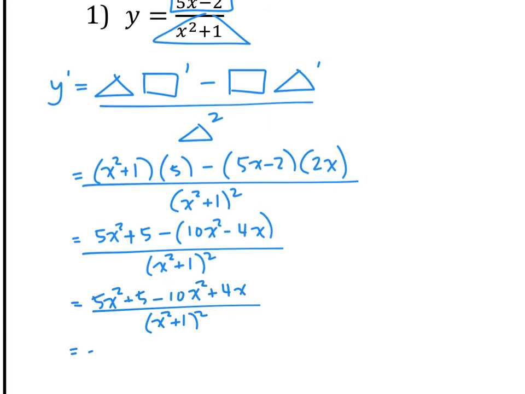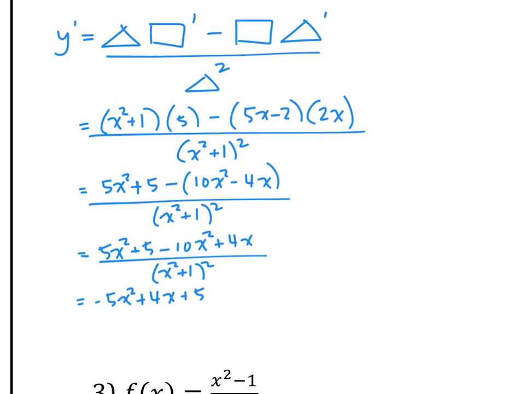Simplify that. Minus 5x squared, sorry, plus 4x plus 5 all over x squared plus 1 squared. It doesn't look like the numerator can be factored, so that's it.